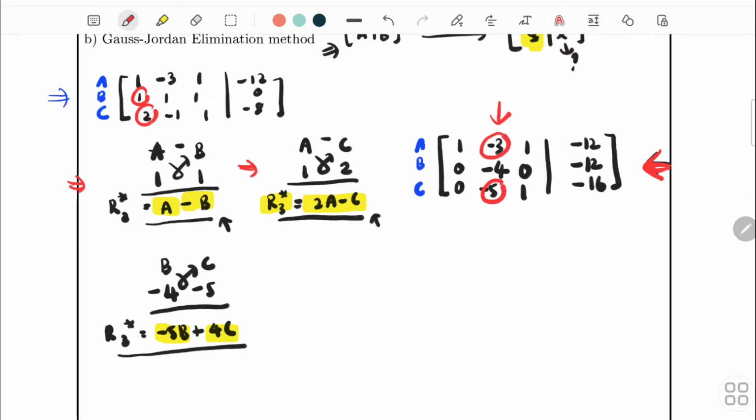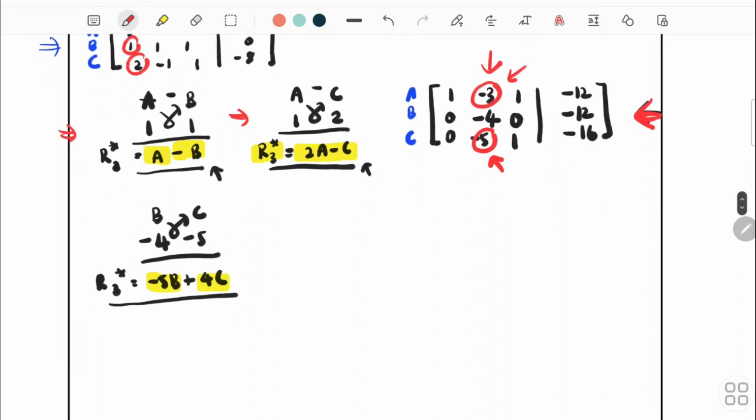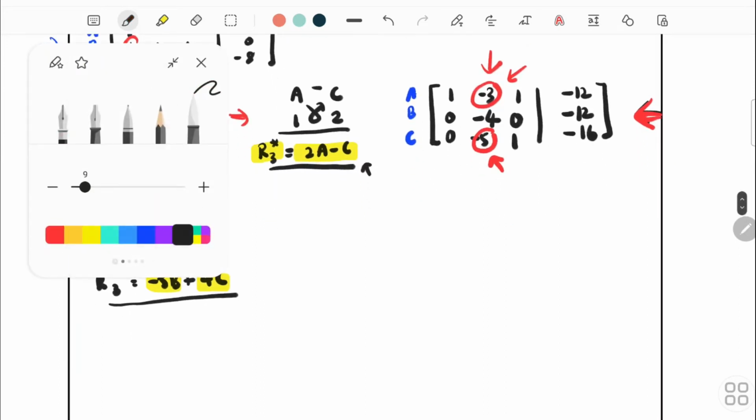It's different from the Gaussian. In the Gaussian elimination method, for the second column, you just need to focus on one element, which is in the third row. But for Gauss-Jordan, you have to focus on these two elements that need to become 0. That's the difference between Gauss-Jordan and Gaussian, so you have to put in extra work here.